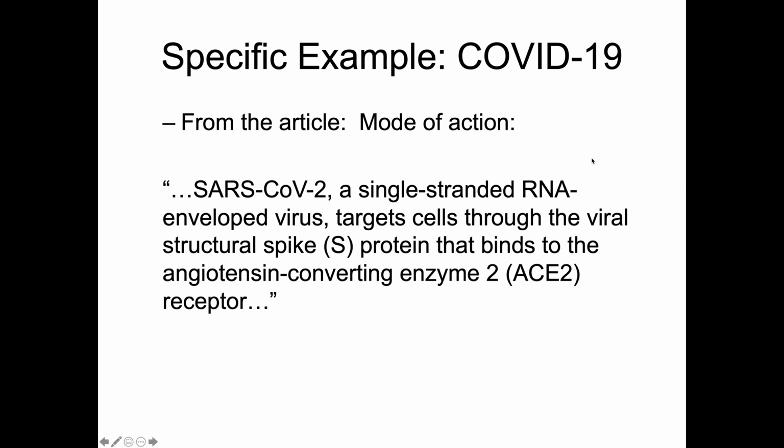All right. So this is, for example, from that article. This virus, which is an RNA virus, targets cells. The virus has a structural spike, and it binds to the enzyme on the cell surface, the angiotensin converting enzyme 2.